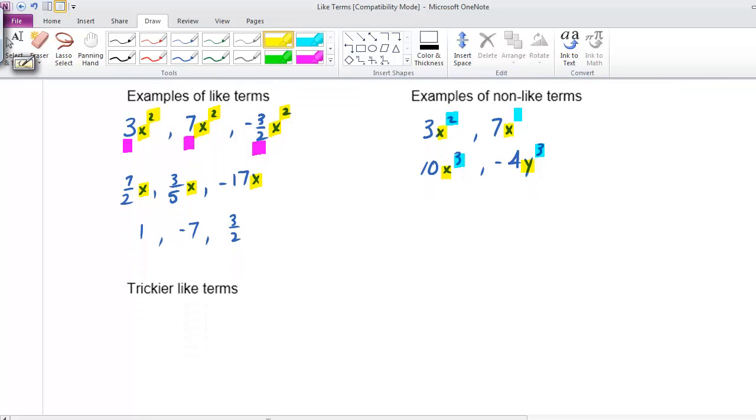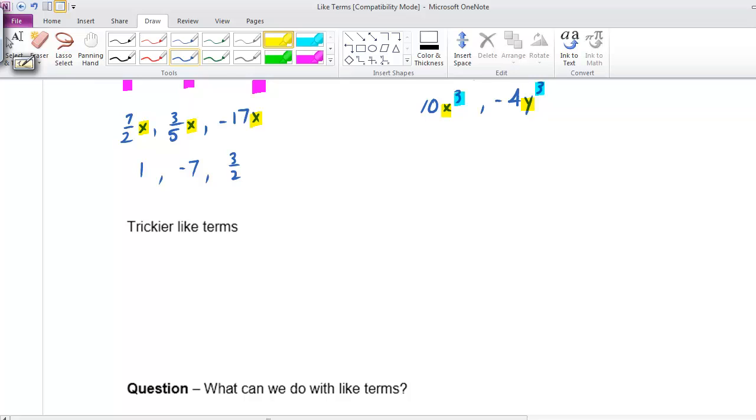And the only thing I'd like to add for us in grade 10 is sometimes you can get trickier like terms. And when I talk about trickier like terms, I'm talking about clusters. So this is my little word, a cluster. So for example, if we had 7xyz, our base would be all those letters.